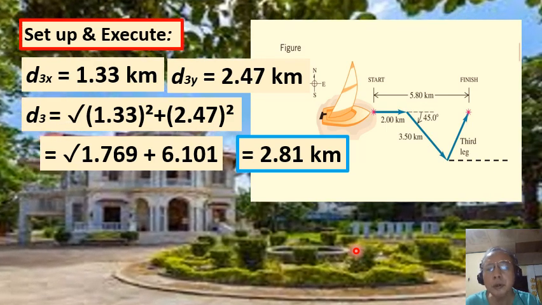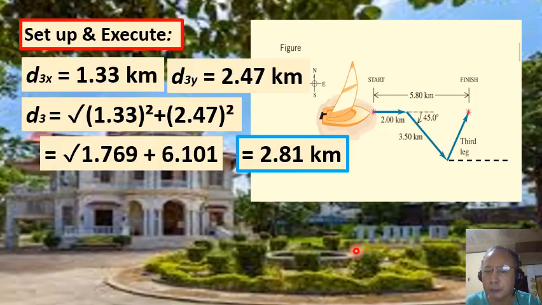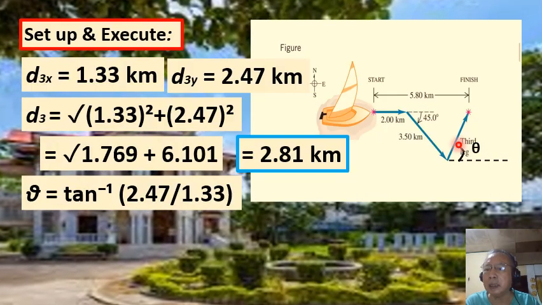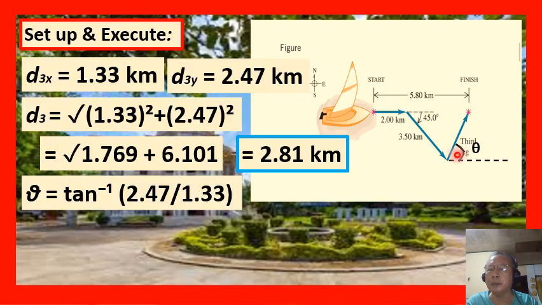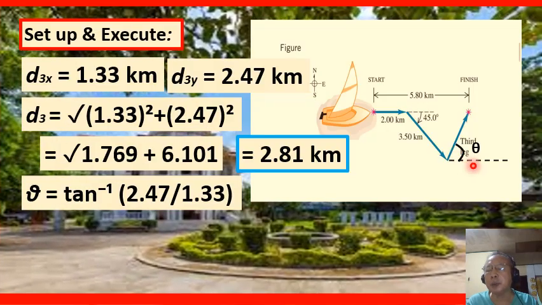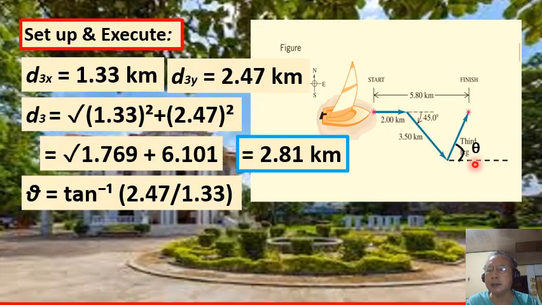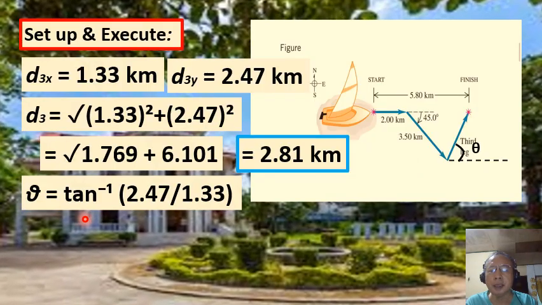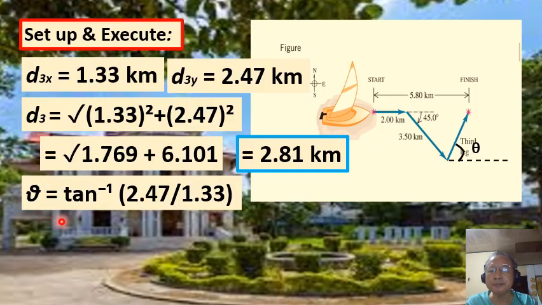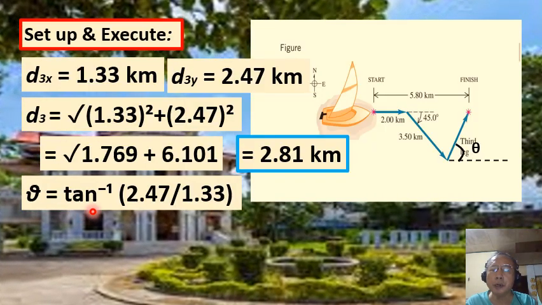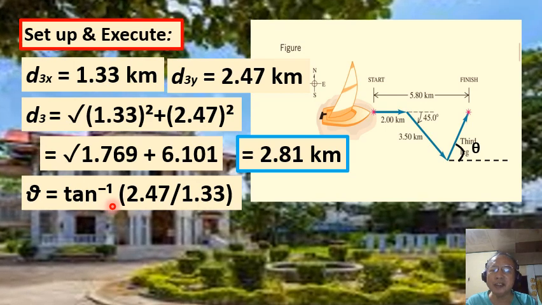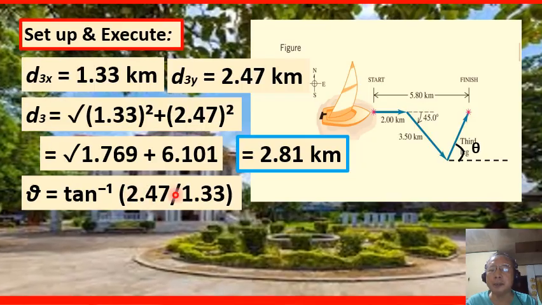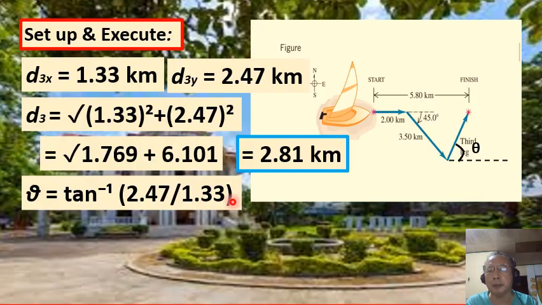So we also have to determine the direction of d sub 3, and that would mean we need this angle theta. The angle theta is formed by d sub 3 with respect to the x component or x-axis. And we define theta as the inverse tangent of the quantity 2.47 kilometers divided by 1.33 kilometers.